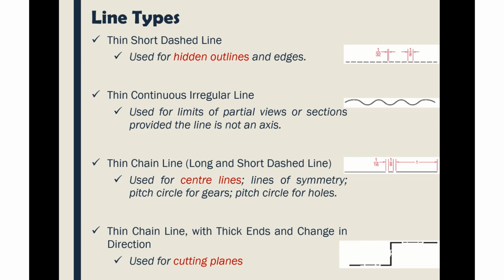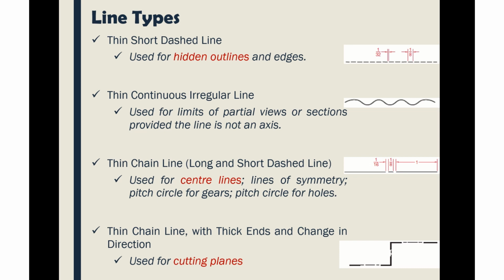So you have to use the hidden outline to indicate that, and to do that you use the dash line. Sorry, the thin short dash line is used for the hidden outline. And again for this, you use your 4H grade pencil to draw the thin short dash line.